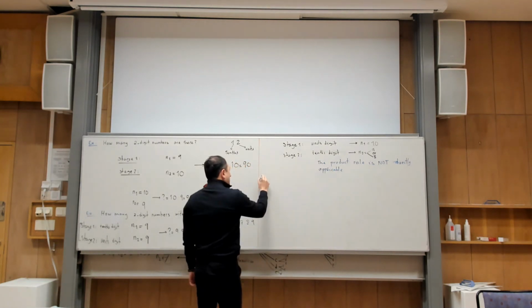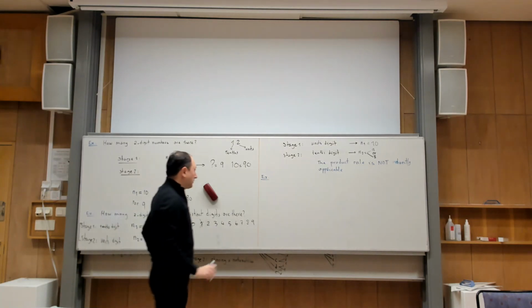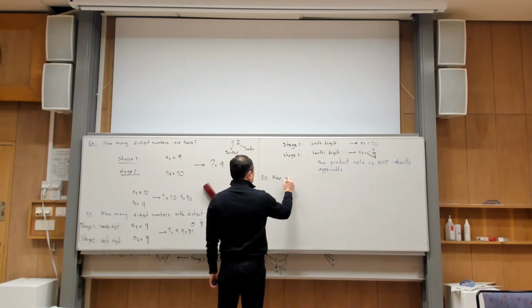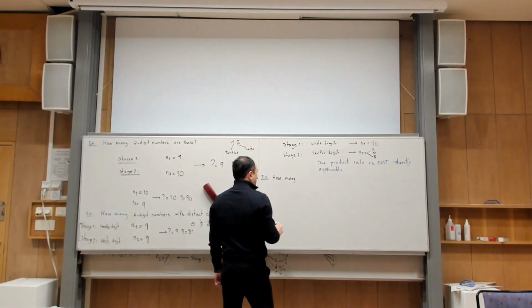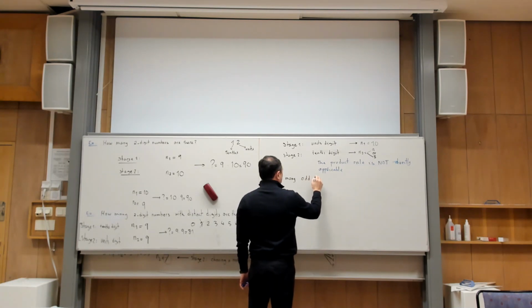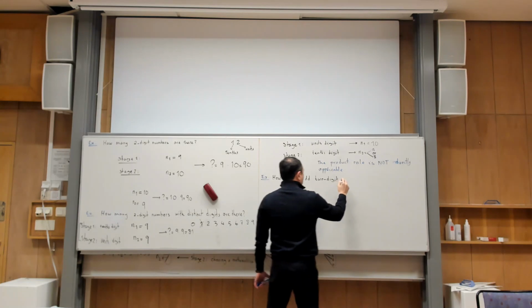Okay, so another example. How many odd two-digit numbers are there?